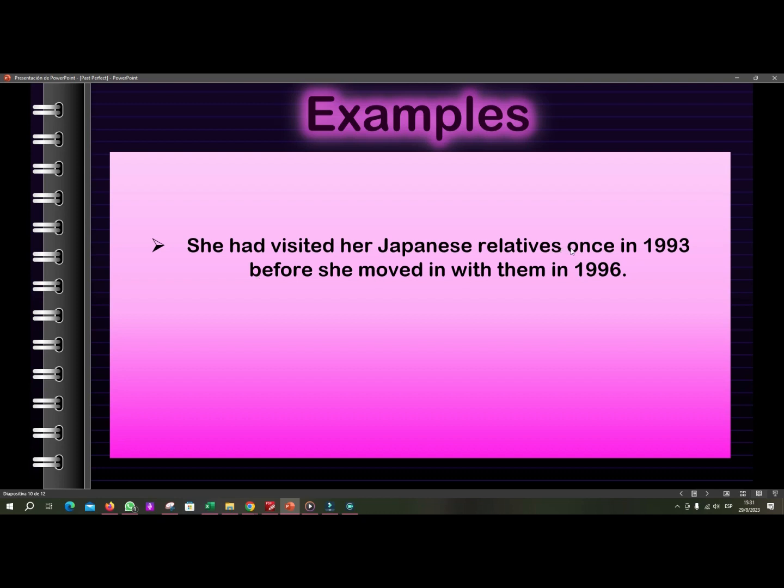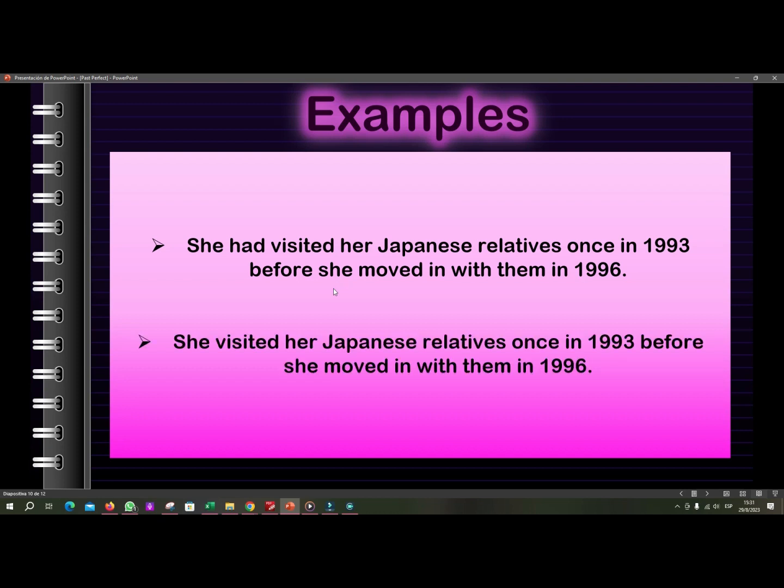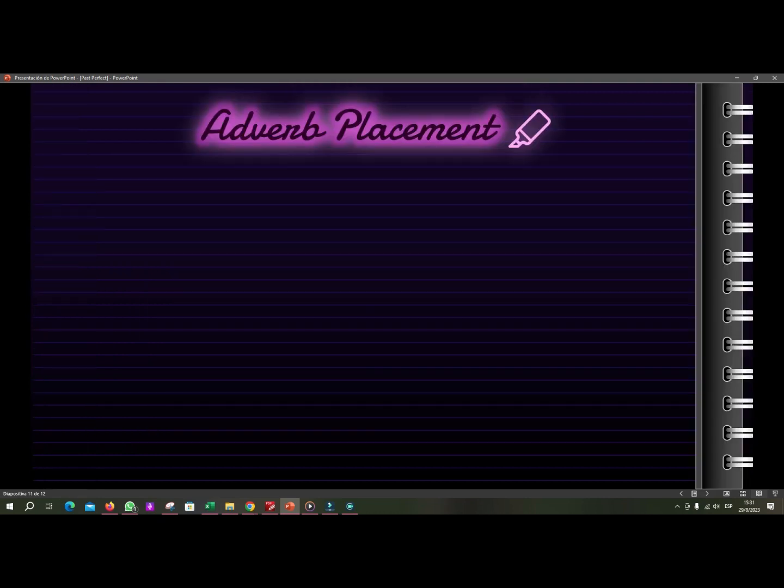So before we do another action, we can use that. Or: she visited her Japanese relatives once in 1993 before she moved in with them in 1996. I guess that's almost the same, right? There, that is the example.